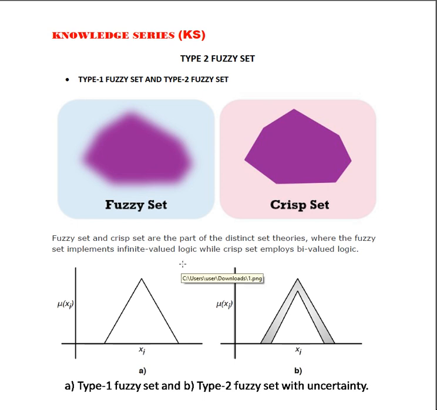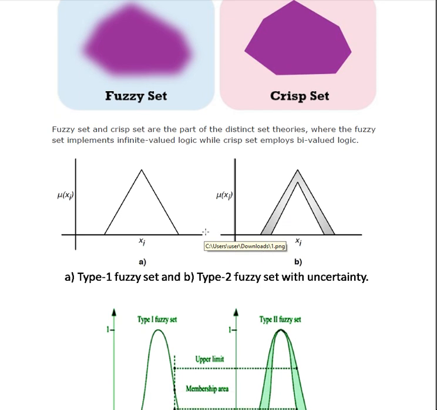Now when we talk about a type 1 fuzzy set, and you look at this particular figure, the type 1 fuzzy set is shown over here. So this is the representation of a type 1 fuzzy set. In this triangular structure, you can see that the x-axis is nothing but the crisp set values, and the y-axis is the membership function with respect to the crisp set values, where this is 0 and this peak is 1.